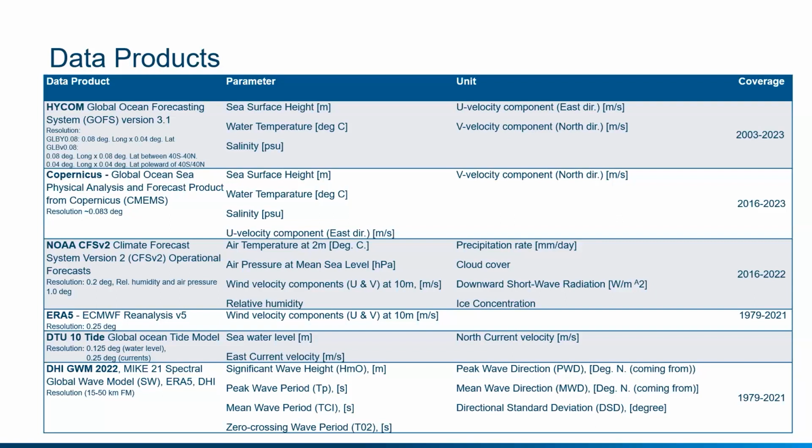We have some Copernicus data, some CFS, ERA5. We have the DTU10 global tide model in a number of resolutions. You might remember that this is the tidal prediction model, which is shipped with DHI Marine software. And we have the DHI Global Wave Model 2022.